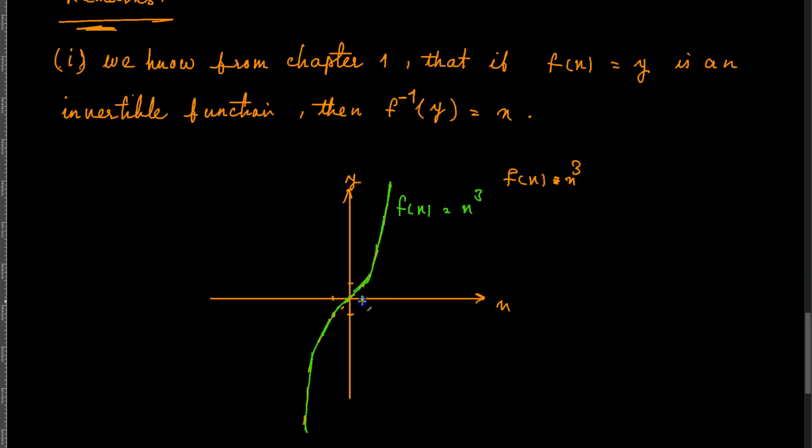For example, if you give it 1, it raises 1 to the third power, you will get a 1 here. If you give it 2 raised to the third power, it is going to be 8 here. If you give it 3 raised to the third power, it is going to be 9 here, and so on and so forth. On the other hand, if you give it -1, it will give you -1. If you give it -2, it will give you -8, and so on and so forth, right?